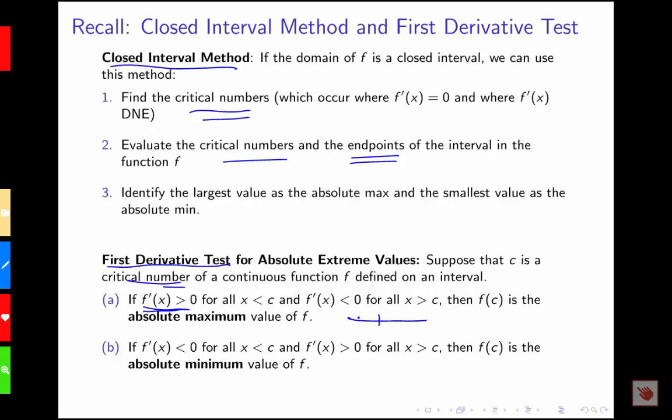So we know if we're in that situation, we're going to be able to justify that the value of our quantity at that critical number is a max. And if we're in the other situation where we're switching our derivative sign from negative to positive, we'll be able to identify that value as an absolute min. So these are the techniques that we want to keep in mind. So let's take a look at our first example.